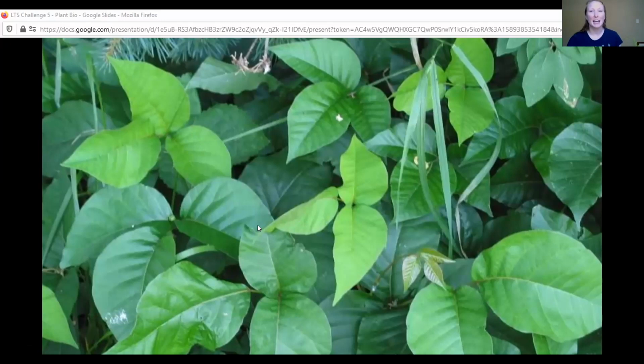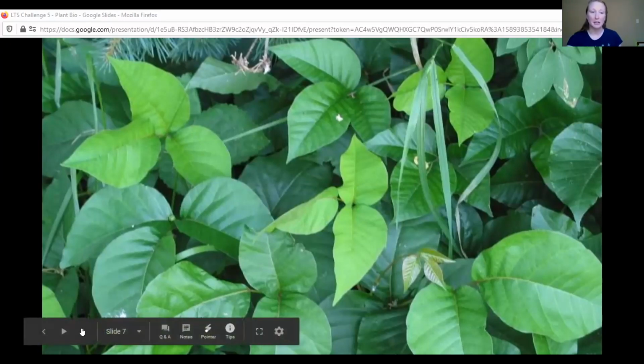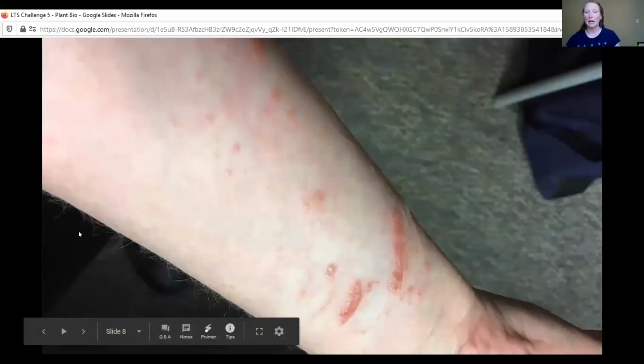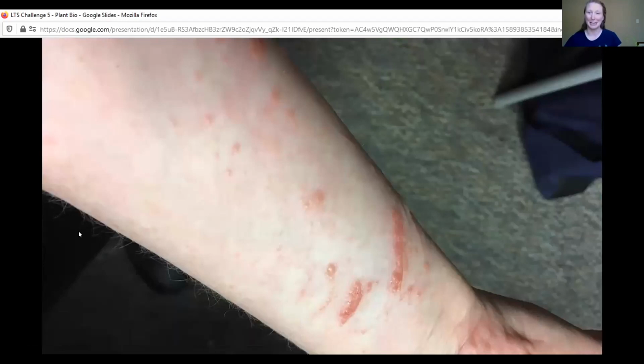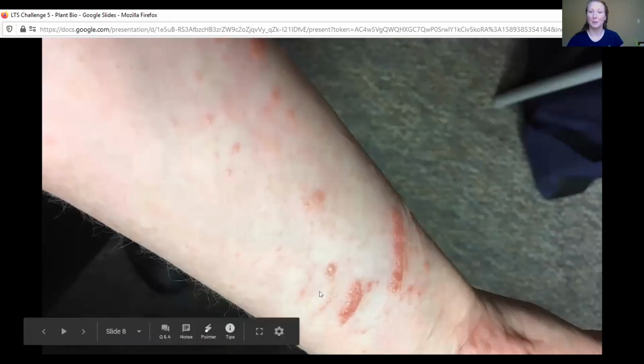Usually we just get a rash, it's kind of itchy and irritating. For people like me, I actually get 2nd-degree burns from poison ivy. So you can see the blisters on my arm here. That's essentially a 2nd-degree chemical burn from poison ivy because I'm so allergic to it.